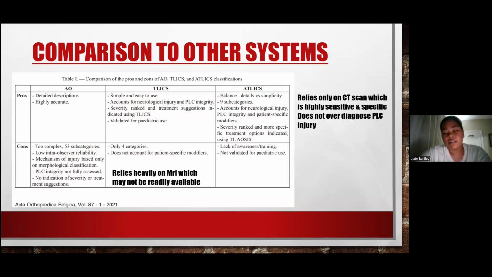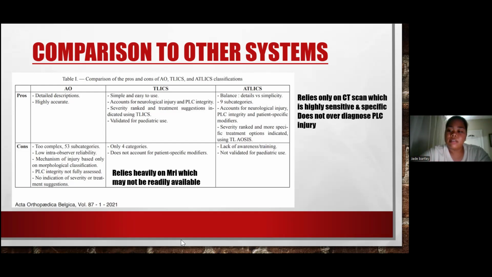It takes into consideration the patient's neurological injury, the posterior ligamentous complex integrity, and it also gave you a scoring system that you could use to guide management of these patients, and it can be used in the pediatric population. The AO Spine TLICS classification combines the two, so it gave you a detailed approach, and it's simple to use. It consists of fewer subcategories in comparison to your AO Magerl.